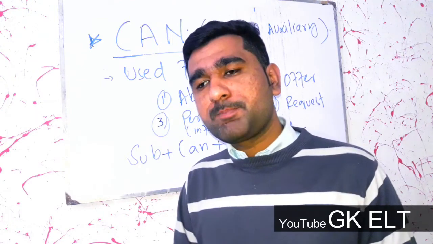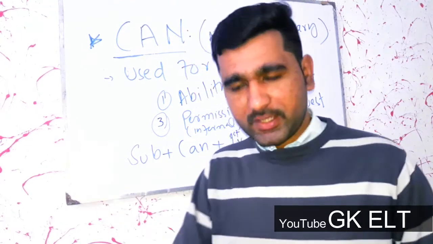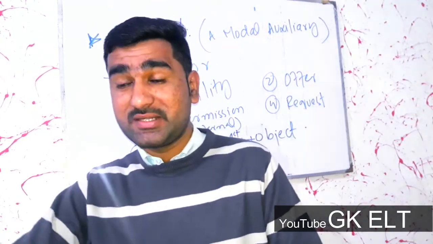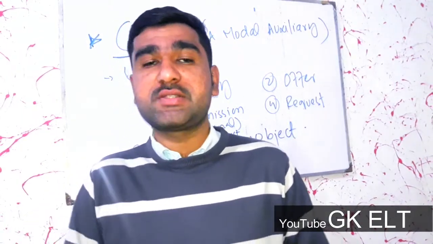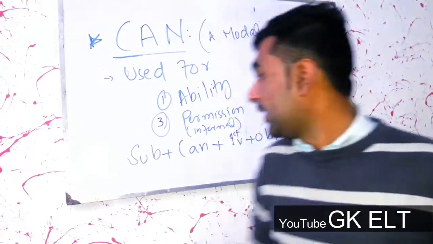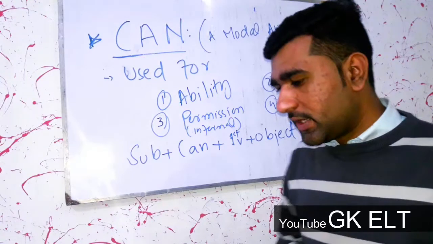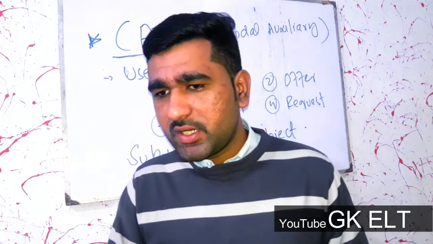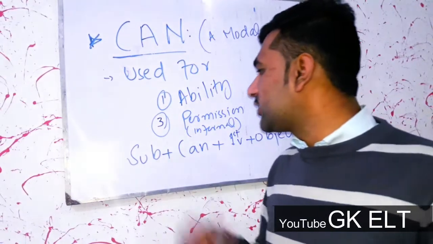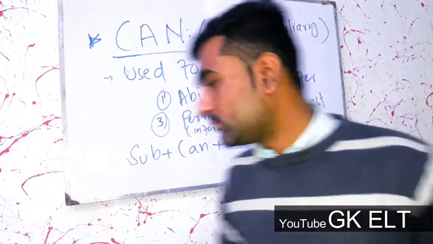So here I use it, but it is informal. Most of the time we use it with our friends. We cannot use it with our teachers in informal circumstances. And another one, can I get you a cup? So in that case we use it for permission.